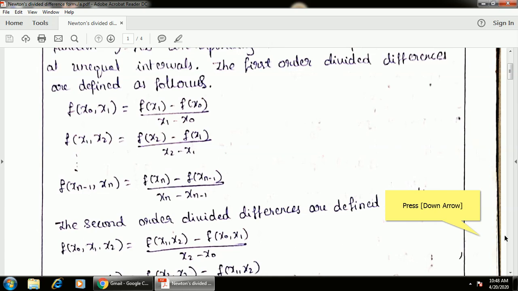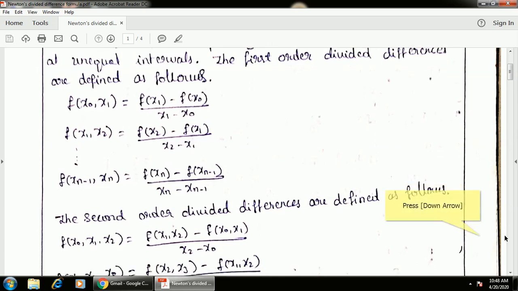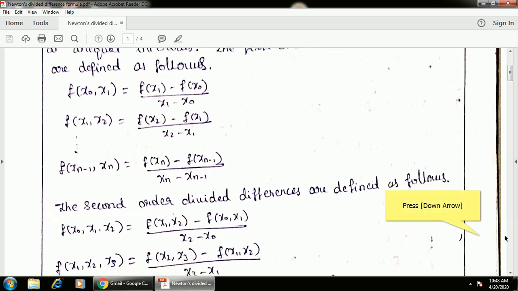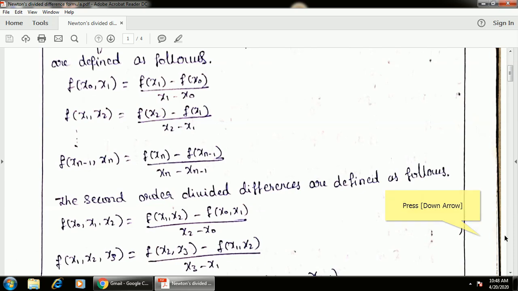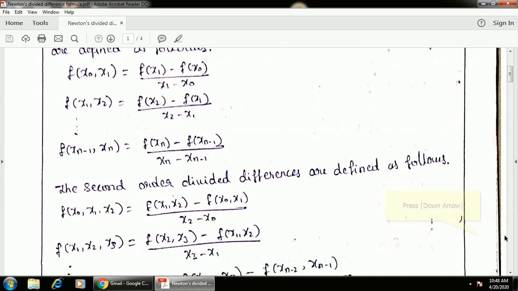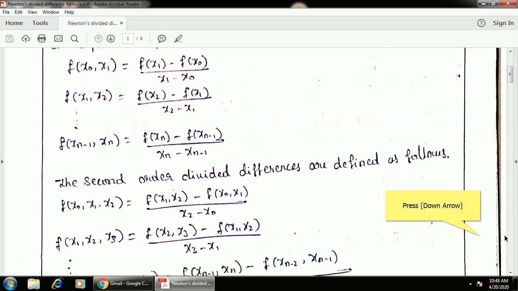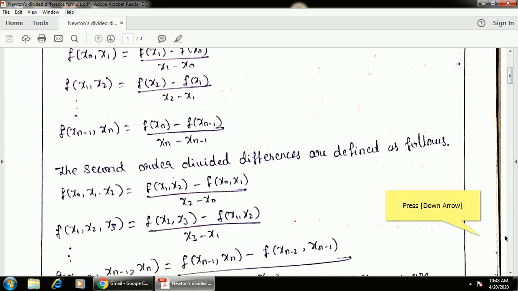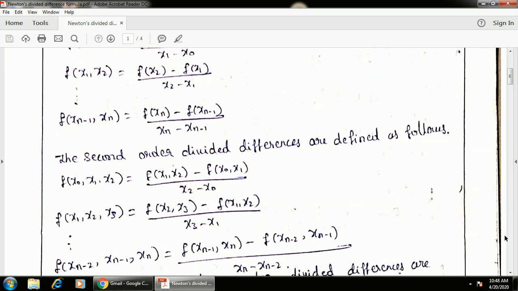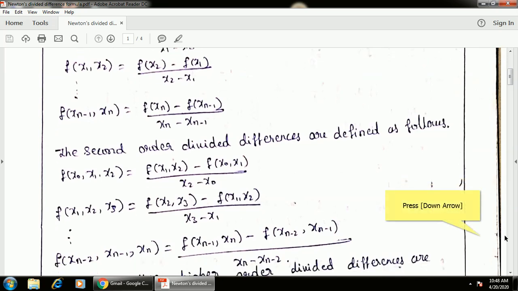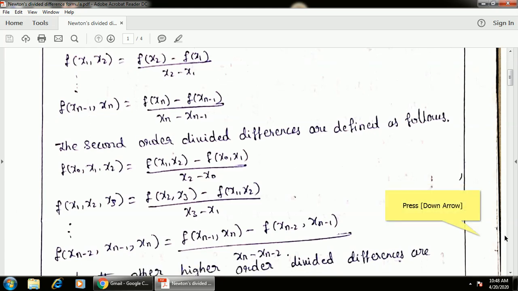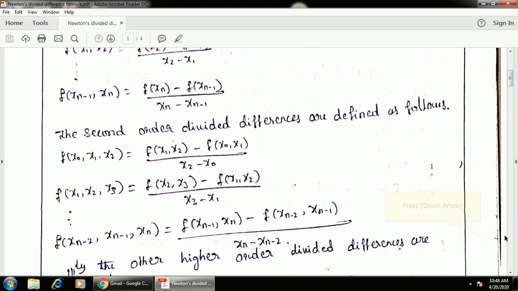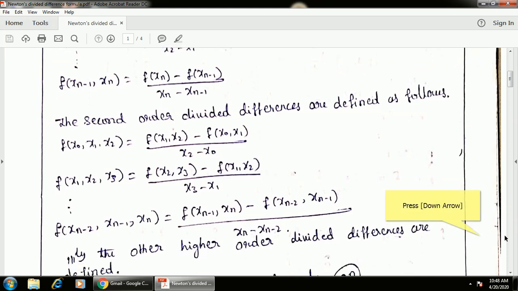Again, the differences of the first order divided differences are known as second order divided differences. They are as follows.